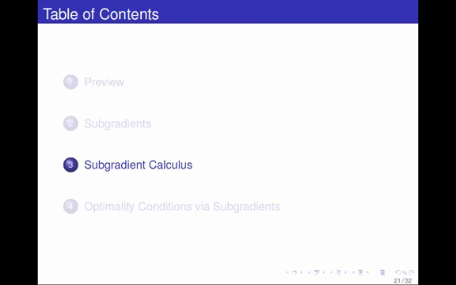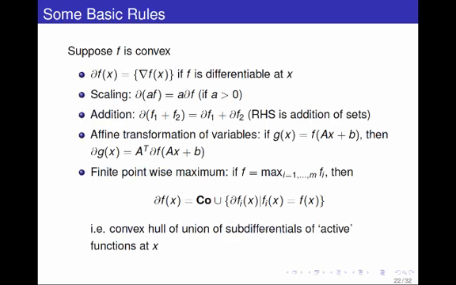Okay, so moving on to a couple of rules that will be useful for us. These are the same rules we have for normal gradients. If a function is differentiable, then the only subgradient is its gradient. If we scale a function, the subgradient of the scaled thing is alpha times the subgradient.